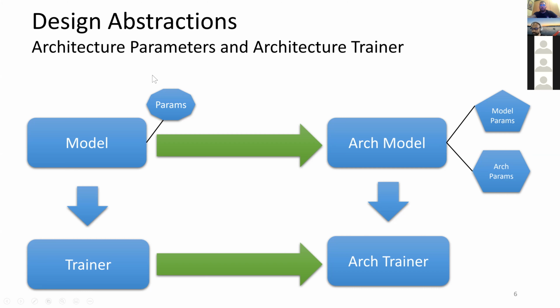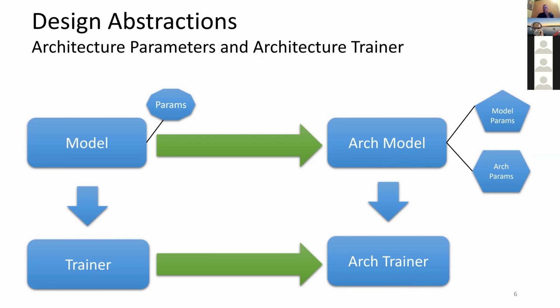So what happens with a usual model is you have a trainer, and then you do train. Similarly, in our NAS world, we have an architecture trainer, which is inherited from the trainer, and it can take an architecture model as input and train it. And because the architecture model has architecture parameters, the trainer can differentiate between these two kinds of parameters.